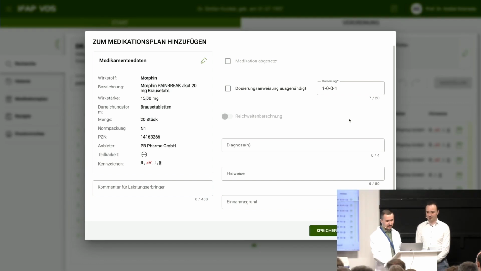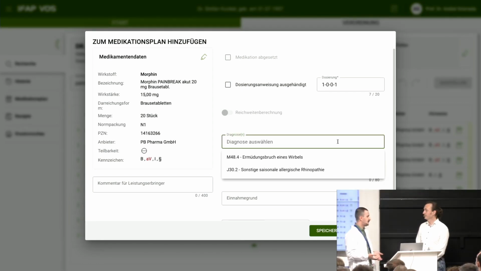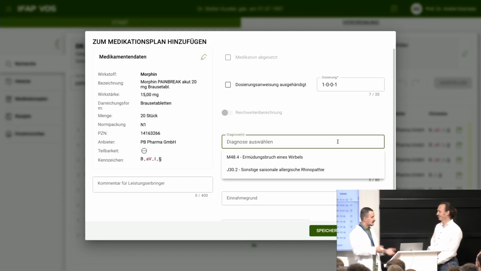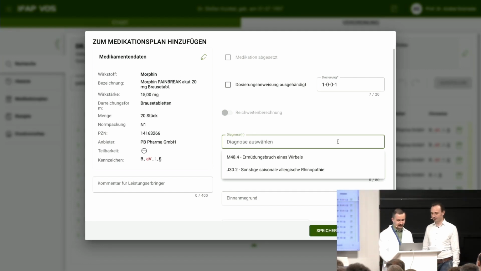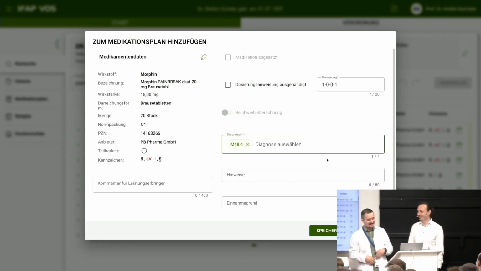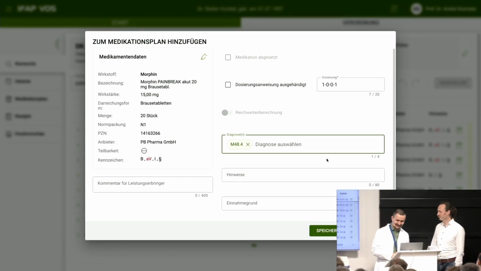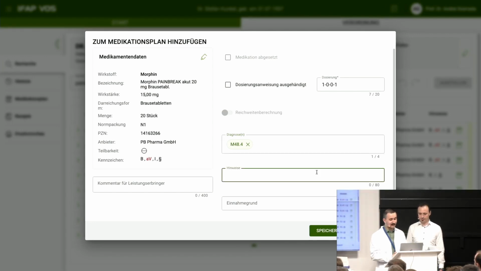Awesome. Now, another thing that we must choose is the diagnosis, right? So you didn't come here just because you want morphine. Some specialists actually recommended you get it because you are suffering from a back problem, right? So we're going to select the diagnosis that your specialist diagnosed you with. And of course, we're going to add some hints.